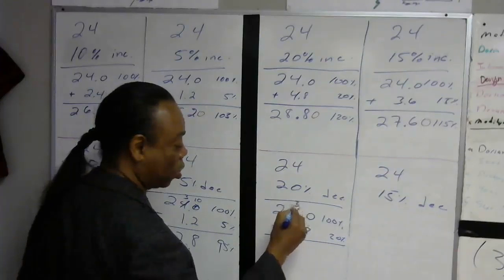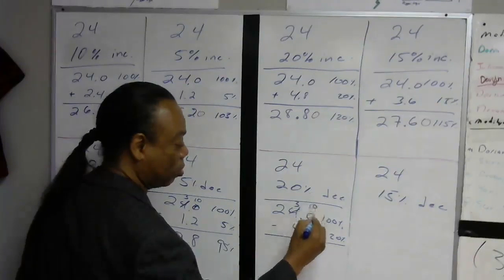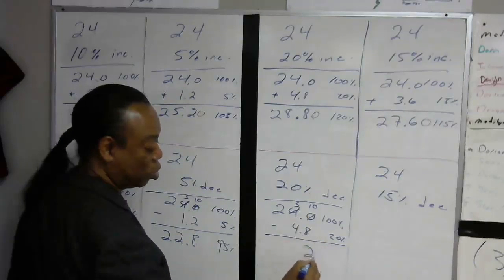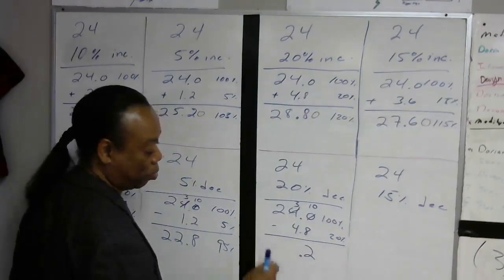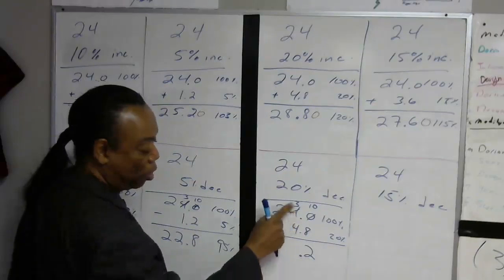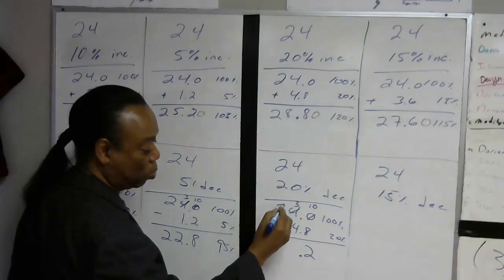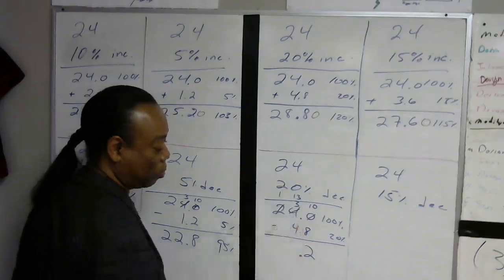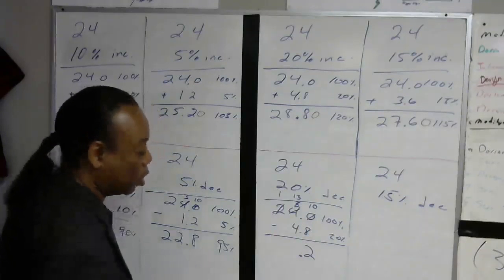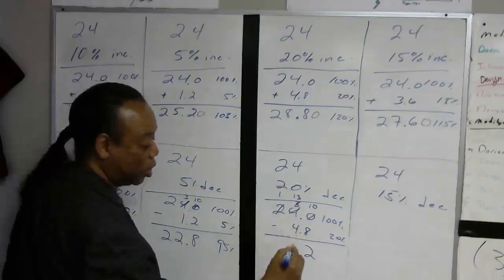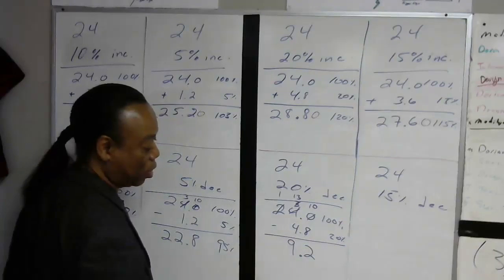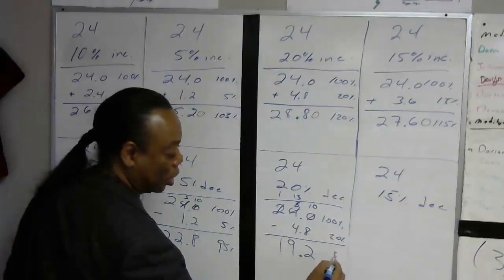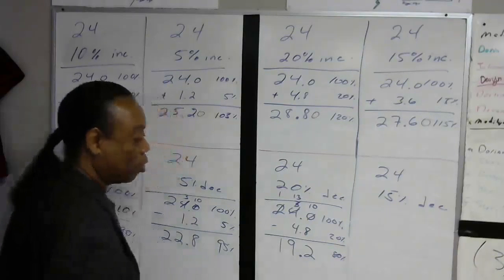This becomes a 3, and this becomes a 10. 8 from 10 leaves 2. Your decimal. We cannot take 4 from 3. It's too small. So we borrow from the 2. It becomes a 1, and this becomes a 13. 4 from 13 leaves 9, and then 1 here. This represents 80% of the original.